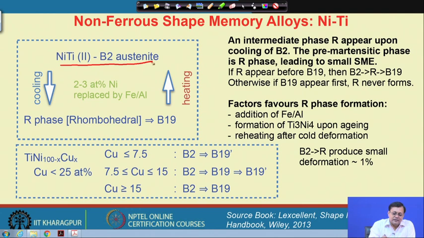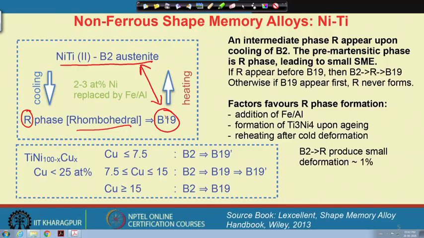The austenite phase, where the B19 dash is a common transformation, in some cases it has been observed that before B19 martensite formation, there is a competing phase, an R phase that forms.